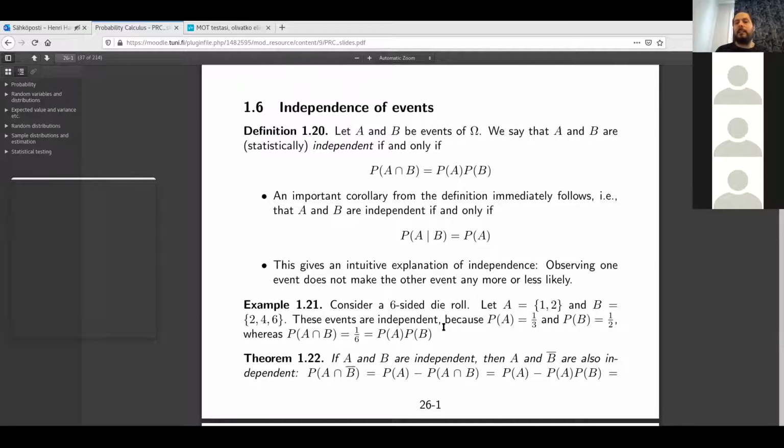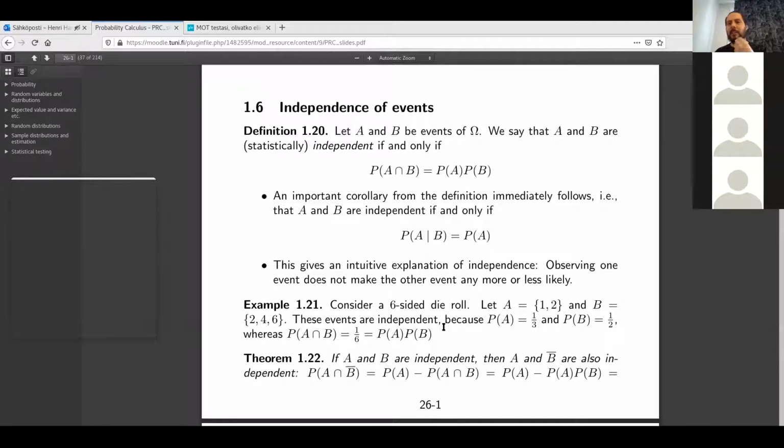However, if I define them as very small and very big, with 1 and 2 being very small and 5 and 6 being very big, then the even, odd, and very big, very small events are independent, because the probability of getting an even number is 1/2, and the probability of getting a big number is 1 in 3.